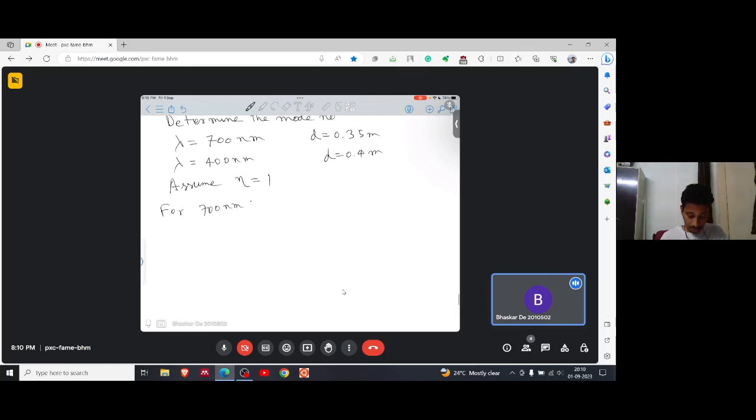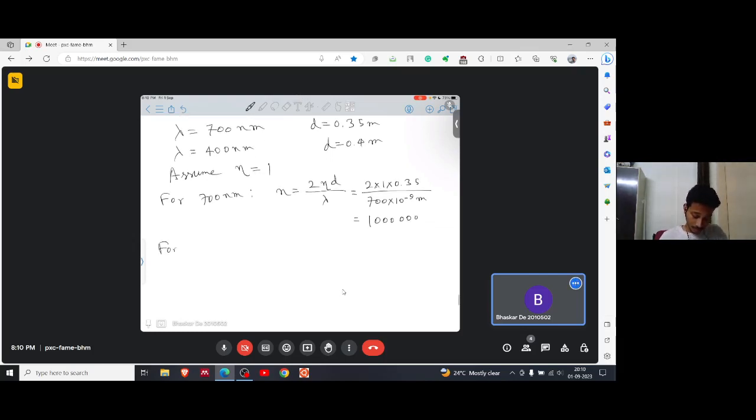Then we will calculate for 700 nanometer: n equal to 2 eta d by lambda equal to 2 into 1 into 0.35 by 700 into 10 to the power minus 9, which gives 1,000,000. So this is basically 10 lakh modes inside the cavity.